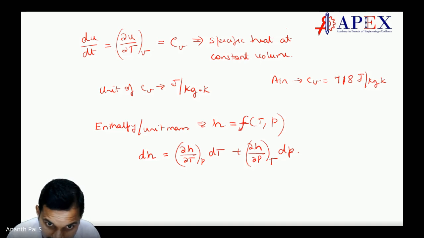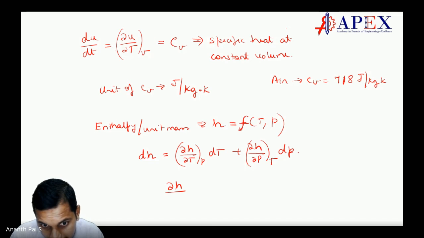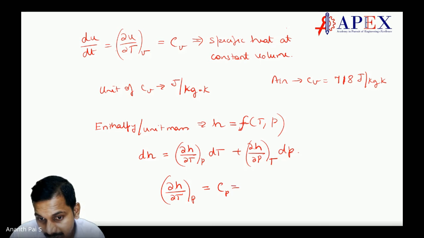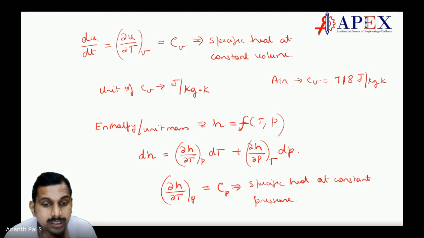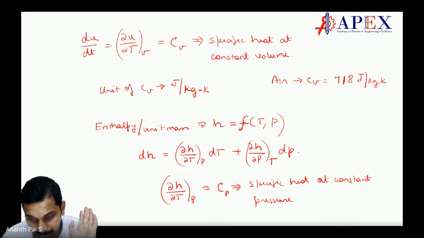Dou H by dou T at constant P is called Cp, which is the specific heat at constant pressure.